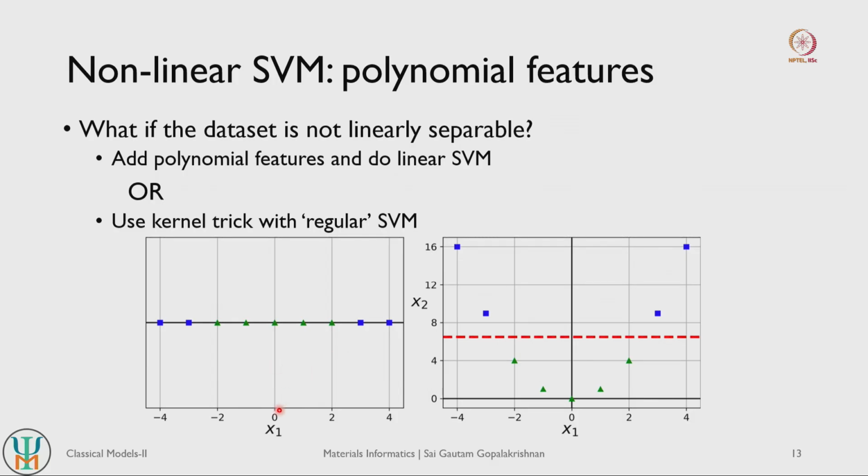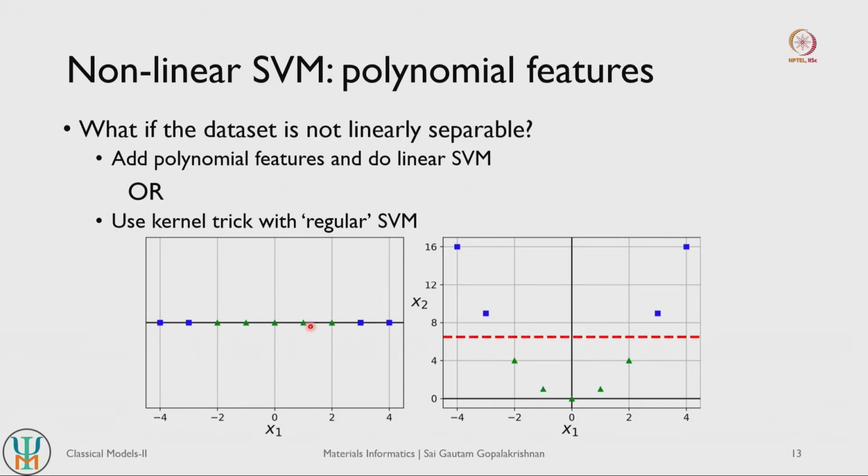For example, if you were to say, okay, x1 equals 0 is my threshold, so everything below x1 equals 0 I consider blue, above x1 equals 0 I consider green, then you see that you are making false classifications here and also false classifications here, right. Same thing if you were to use x equal to 2 or x equal to minus 2, it does not matter. If you use a threshold at a constant x value, you would always make wrong classifications, so you either misclassify blue as green or green as blue.